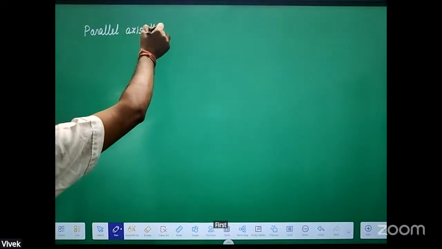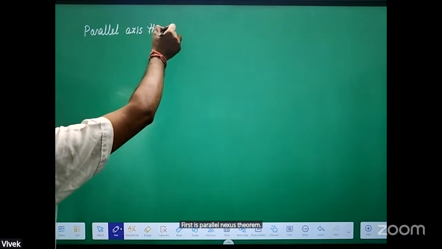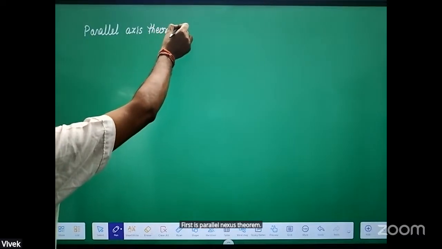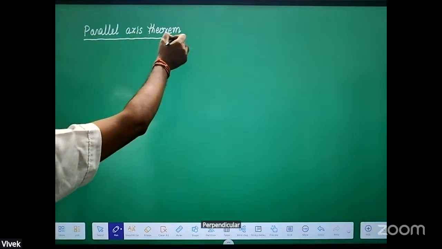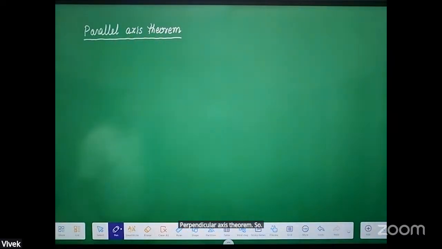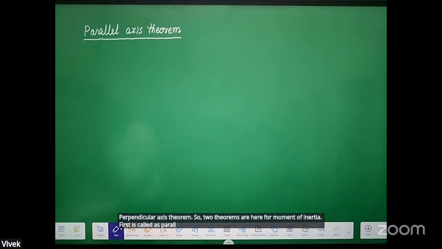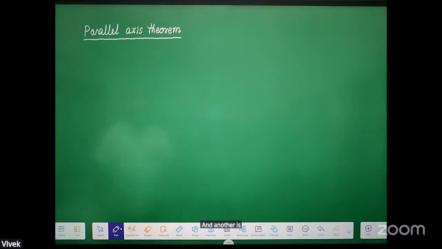First is the parallel axis theorem, and the second is the perpendicular axis theorem. So two theorems are here for moment of inertia.